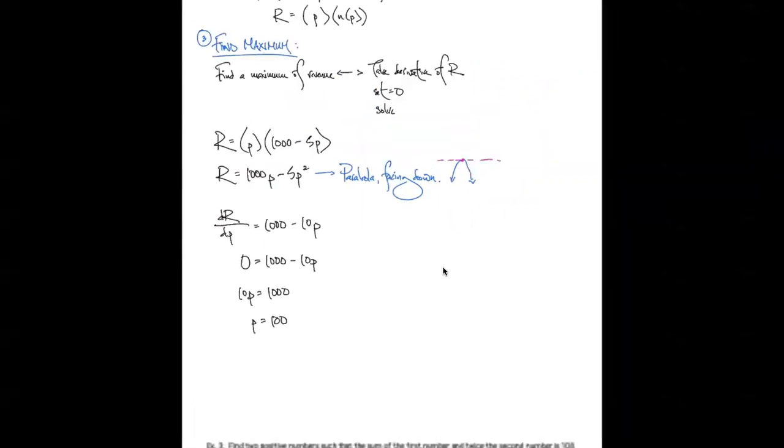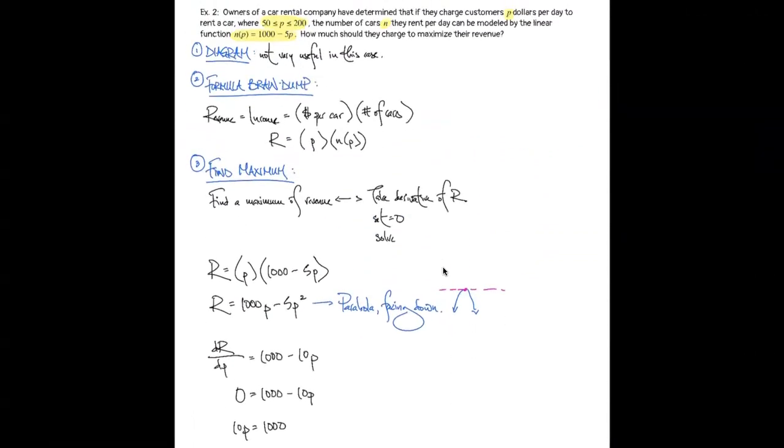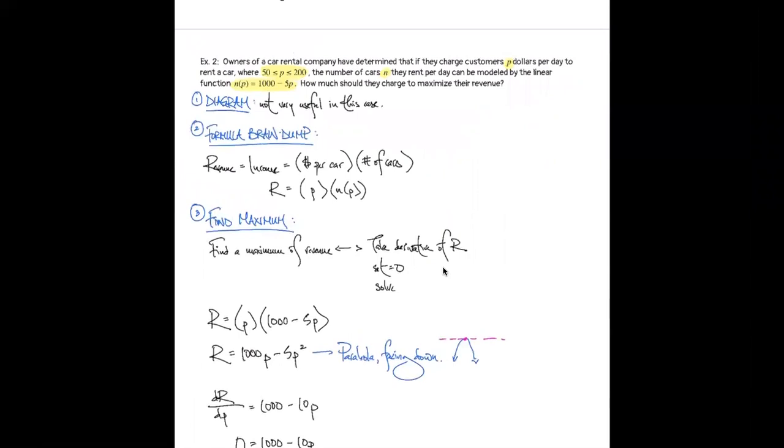But especially in these problems, we've got to put units on what we're looking for. All right, so we found p equals 100. What does that 100 represent? Exactly. This P is how much they're charging, right?